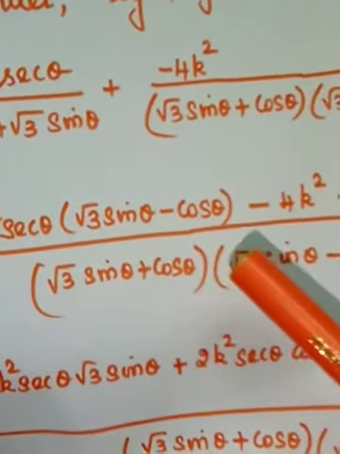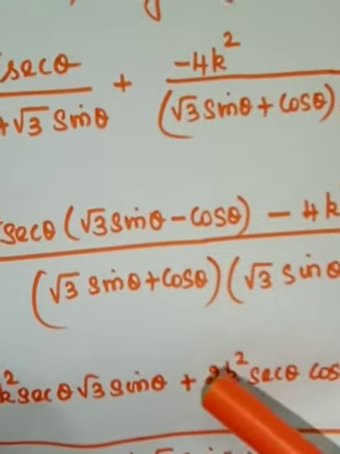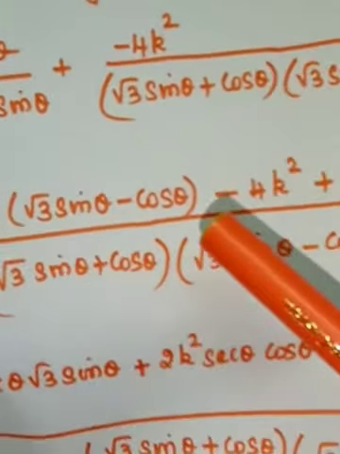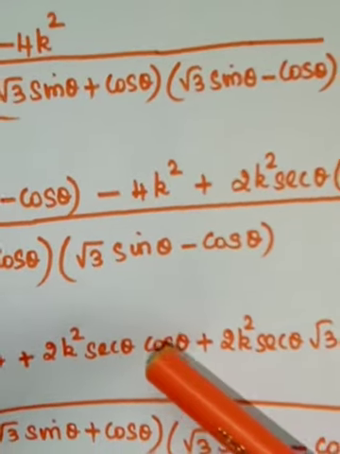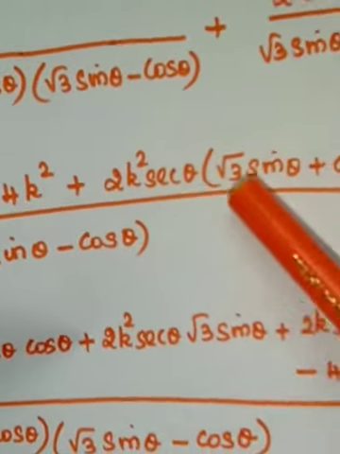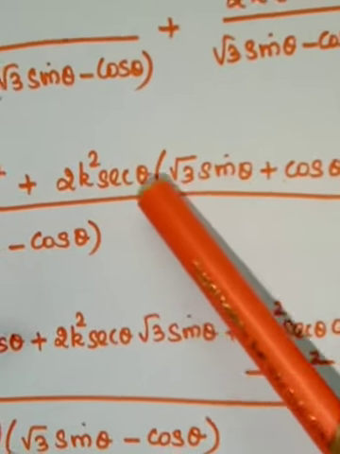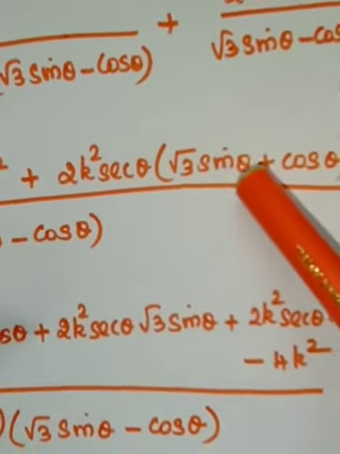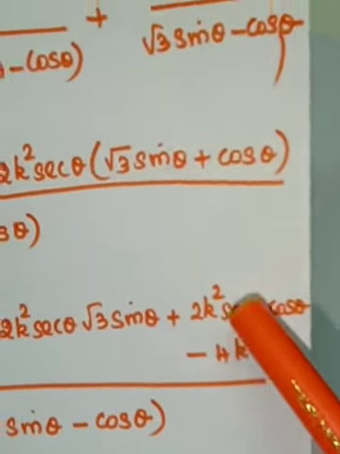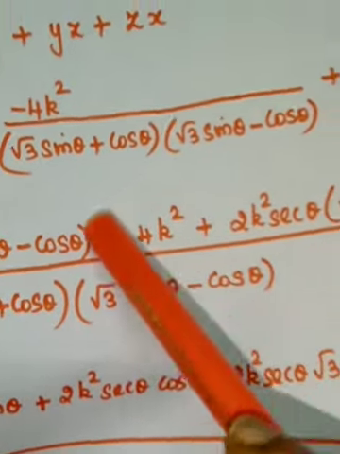Minus 2k squared into minus, minus into minus is plus, so it is 2k squared secant theta into cos theta. So I have written the first two terms. Then I'll go to the third term. 2k squared secant theta into root 3 sin theta I have written as it is, plus 2k squared secant theta cos theta. So finally I have written the second term.